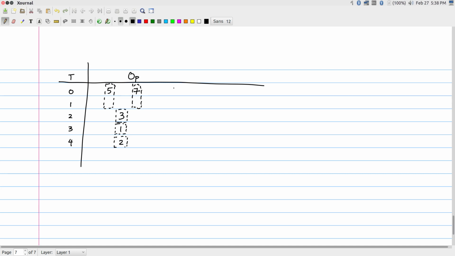Okay, similarly 6 and 8 would also be scheduled at time 0, that is the earliest possible time when they can be scheduled. Immediately after that would come 4, and that would then feed into 2.